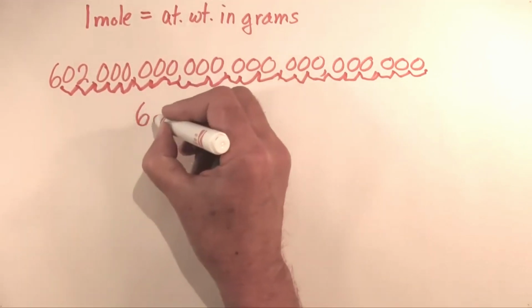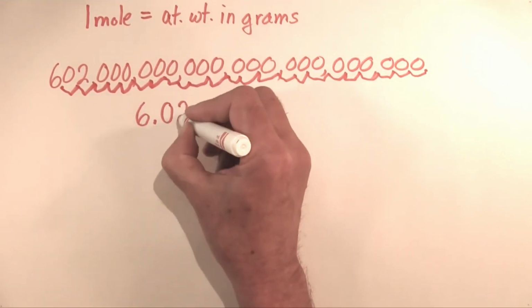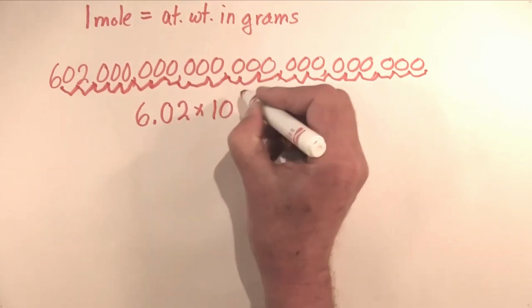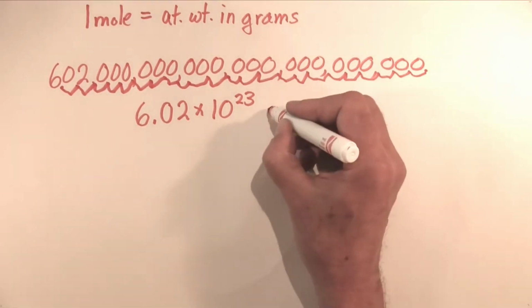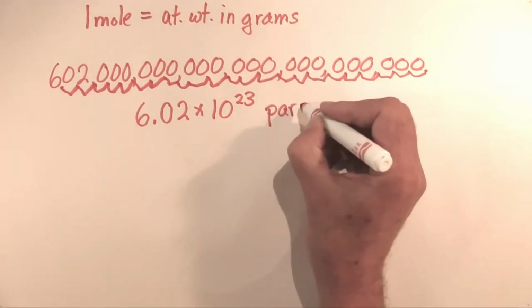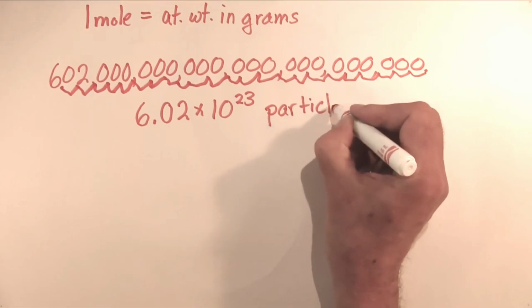So that number is 6.02 times 10 to the 23rd. I'm going to just call them particles now for this. It could be giraffes.